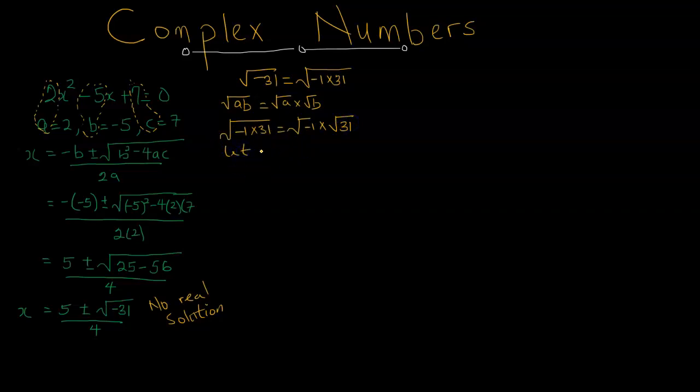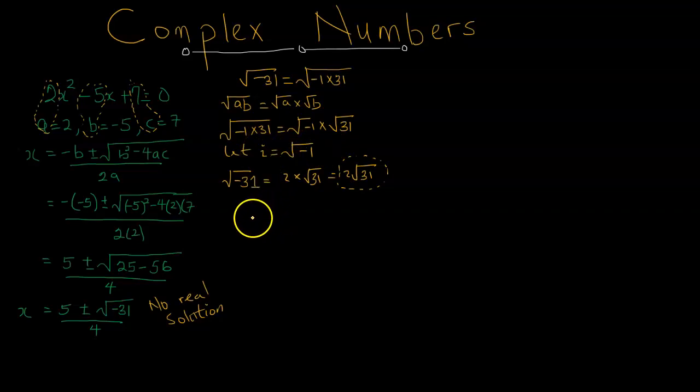Now, if I let the square root of negative 1 be i, then the square root of negative 31 can be written as i times root 31, and this is just i root 31. This is a complex number. So the complex numbers comprise a system that has its roots in the square root of negative 1.